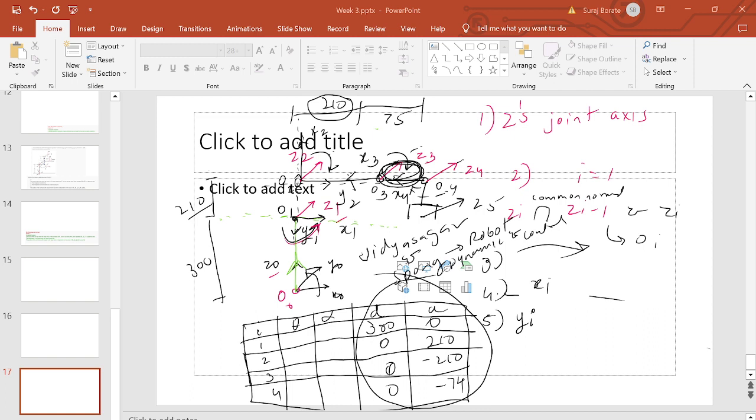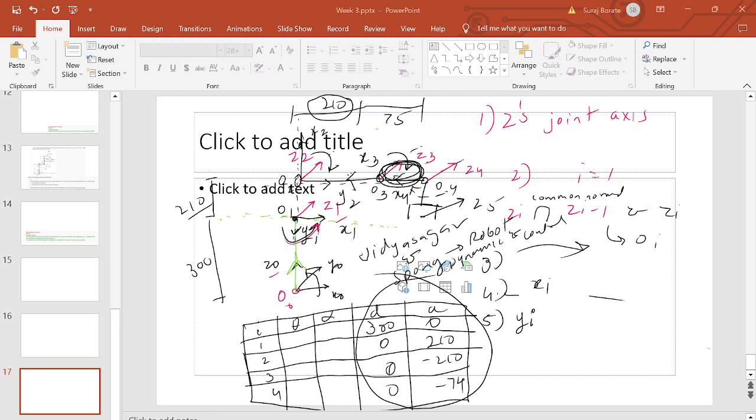So there is a point, and it is very simple to miss that point. That is the origin itself. If I ask this manipulator tip, the end effector, to reach the point 0, 0, it can reach in infinite ways.